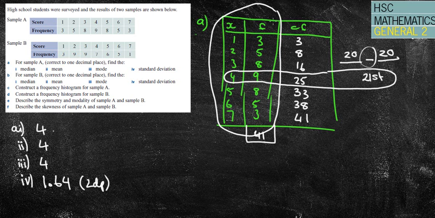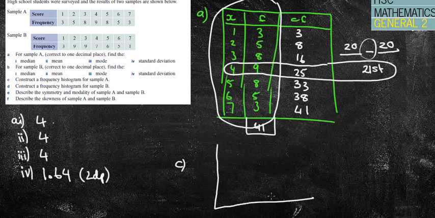For part C, it says construct a frequency histogram for A. Okay, so I'm just going to do this briefly. A very small one. It's not going to be accurate. Yours should be. So if I'm going to do a frequency histogram, I'm going to put my scores on the bottom. I'm just going to move that up just a touch, guys.